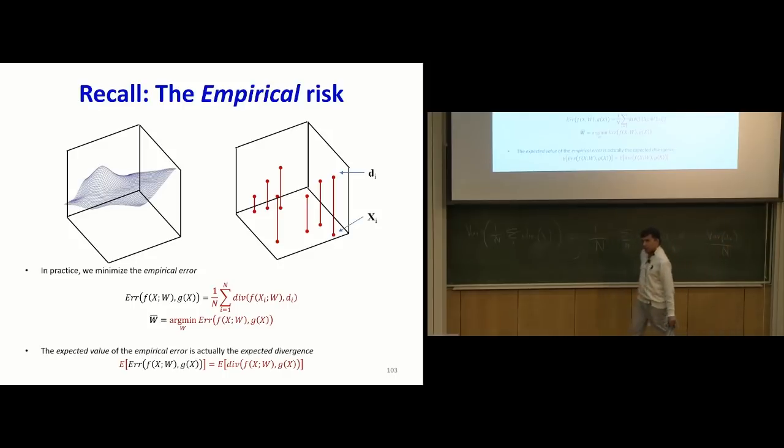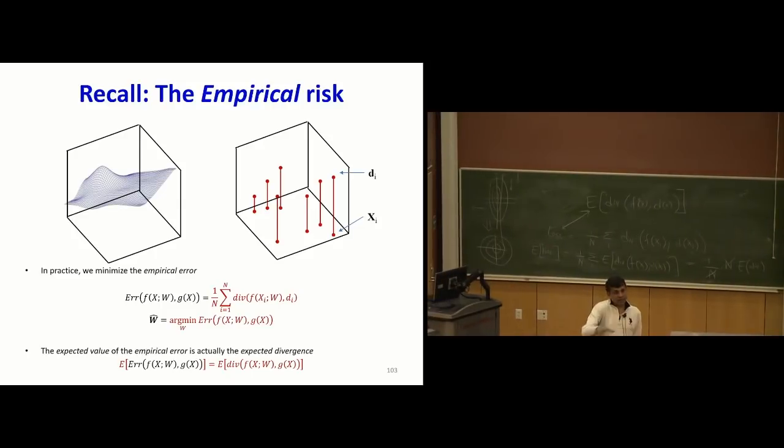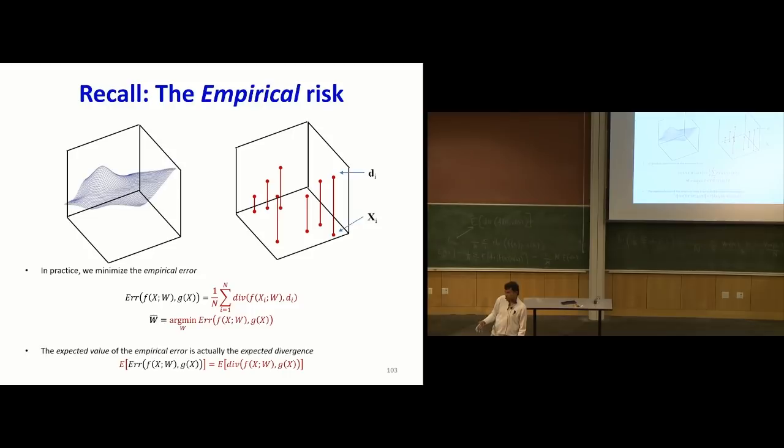So what exactly do I mean by the variance of the divergence? If I draw individual samples from my data and compute each divergence, then over my entire space I'm going to get lots and lots of values of divergence. I can compute the variance of that, right? And the variance of the loss for a batch of instances is going to be 1 over n times that much, right? So n is the size of the batch.